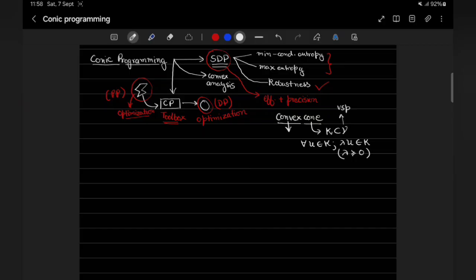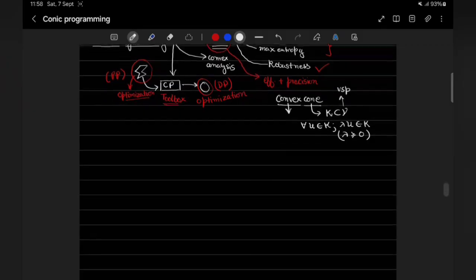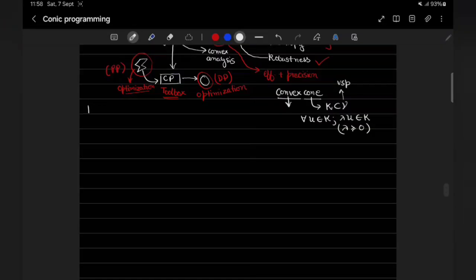So this is the convex cone, and given this, the second idea is the dual cone. Let me write it down. For understanding the dual cone, we first say something about what is the dual to a vector space.